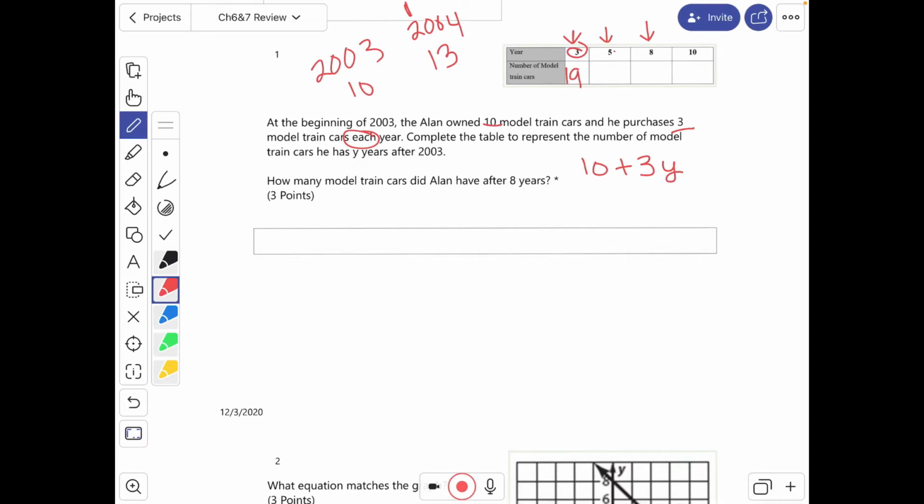Then if I plug in the 5, it would be 3 times 5, which is 15, plus 10, 25. The next one would be 3 times 8, plus 10, which would be 34. And then you could go ahead and fill it out the rest of the way, but it did ask for just 8 years, so that would be 34.